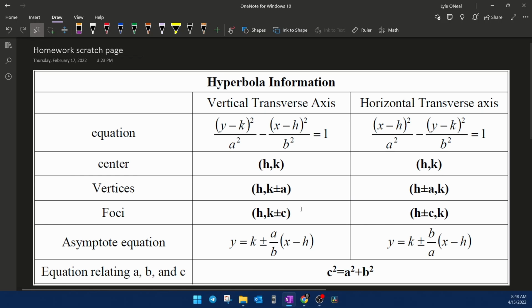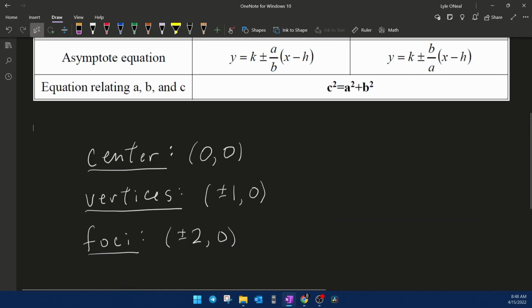And so that would fit the scenario that we have where the x coordinates of the vertices and foci vary, but the y coordinates of the center, vertices, and foci are all 0. So this is a horizontal transverse axis.